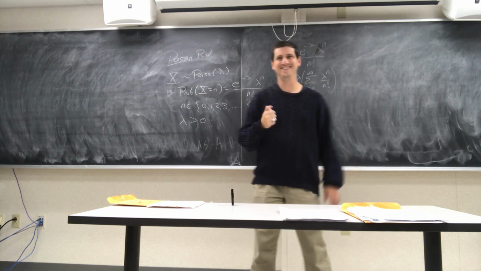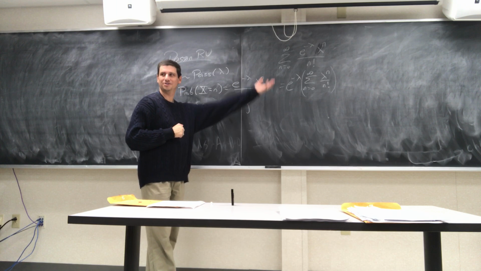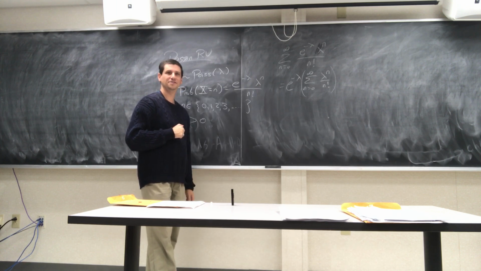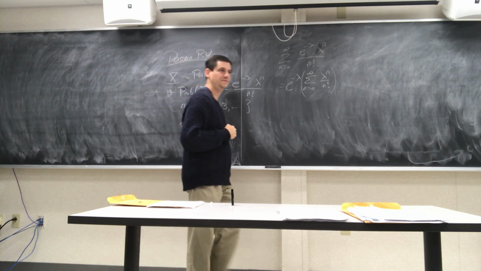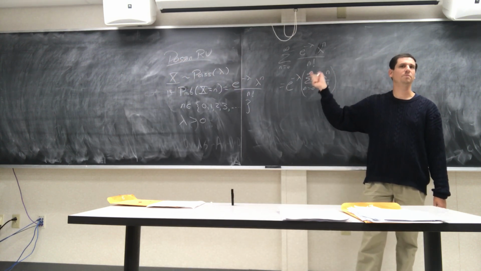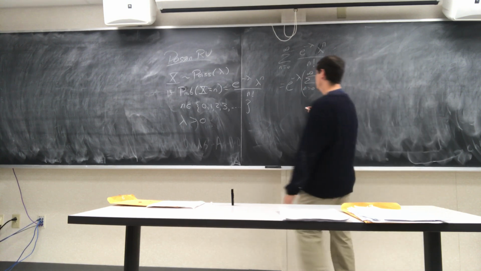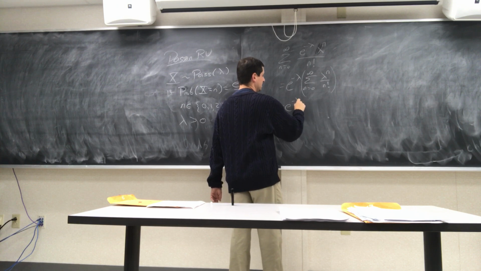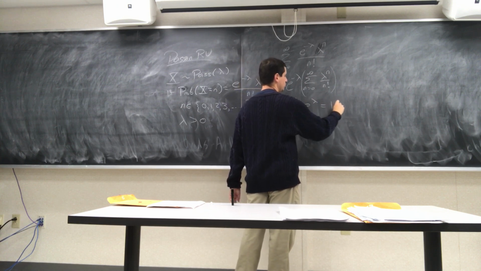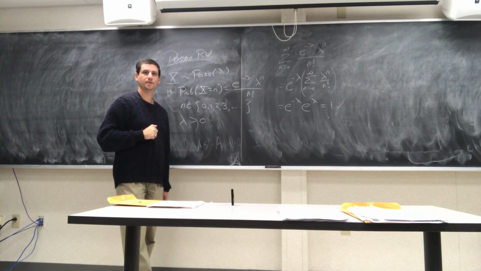This is just our Taylor series for e to the lambda, right? 1 plus lambda plus lambda squared over 2 factorial plus lambda cubed over 3 factorial. So we get e to the minus lambda times e to the lambda, which is 1. All right, so it is a probability distribution.